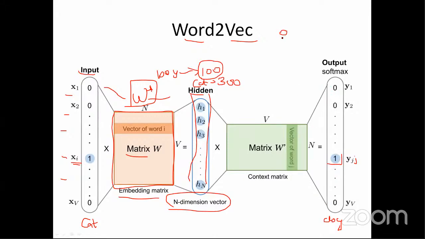So maybe you will get a vector like 0, 0.1, something like that, and yj will be high. Suppose you are using softmax, so there won't be any negatives, only probabilities. You'll get values like 0, 0.1, 0, 0, 0, and then at the jth position you get 0.8, and somewhere you get 0.1. This will be acceptable.